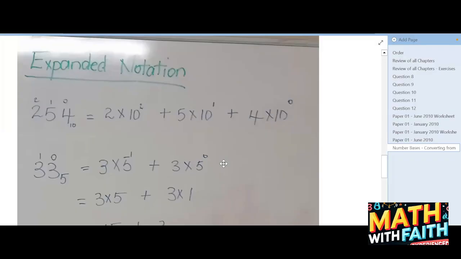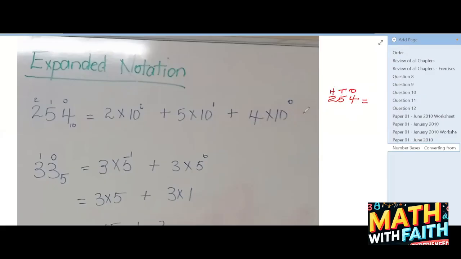Now, if you remember from primary school about expanded notation, what we used to do, let me annotate, we used to say we have this number 254. We used to put this in our place values: ones, tens, hundreds.